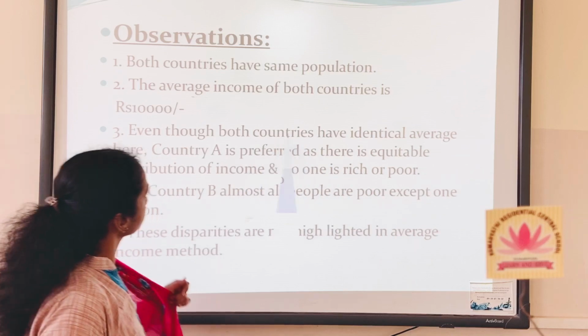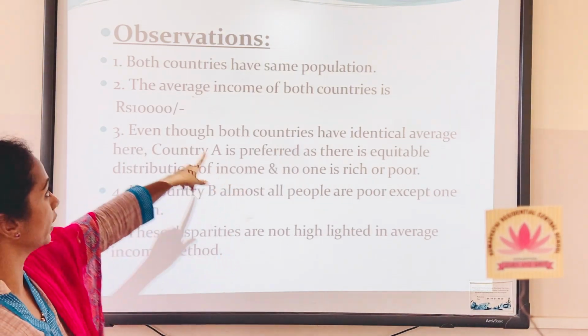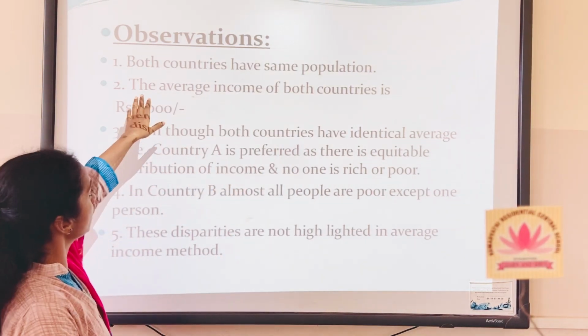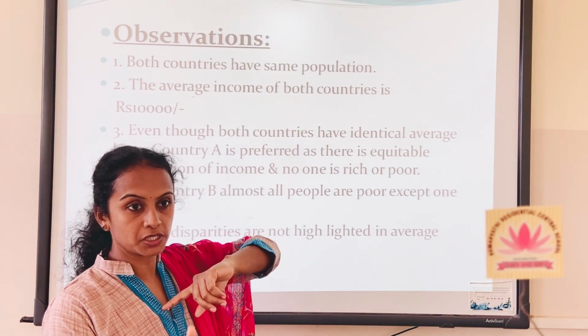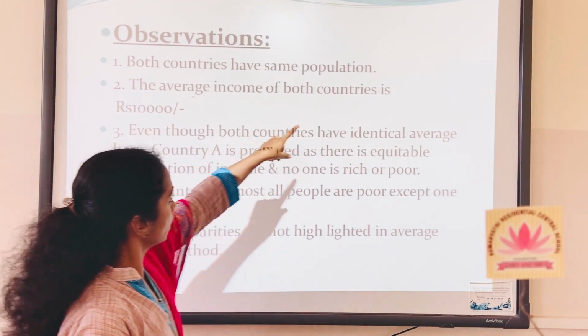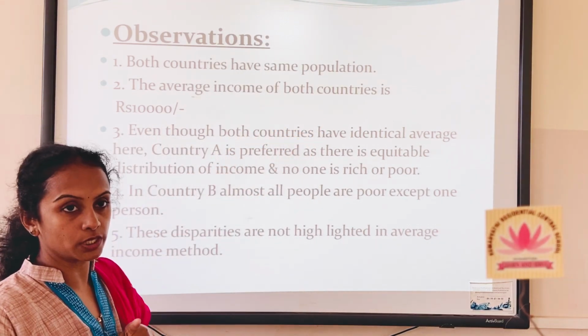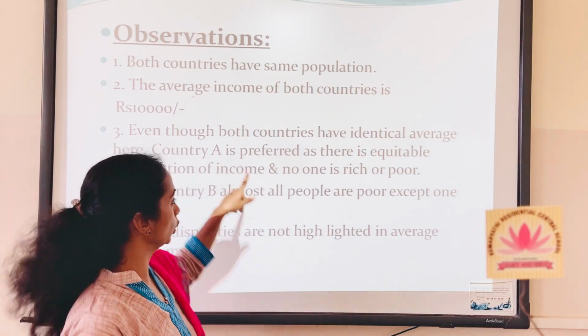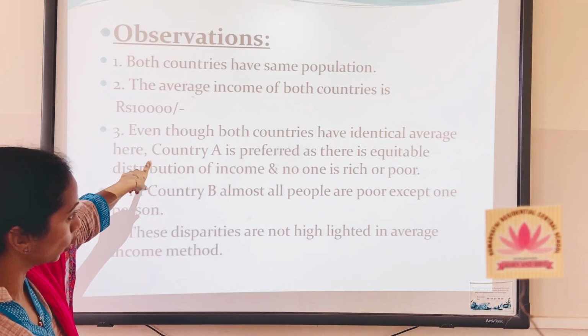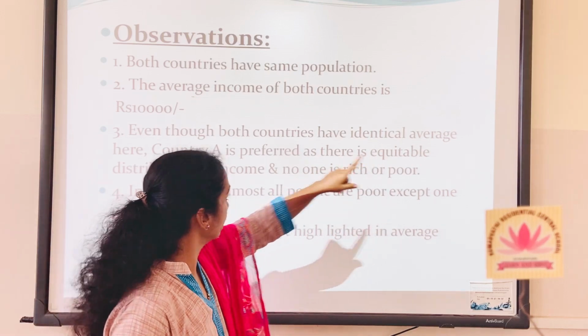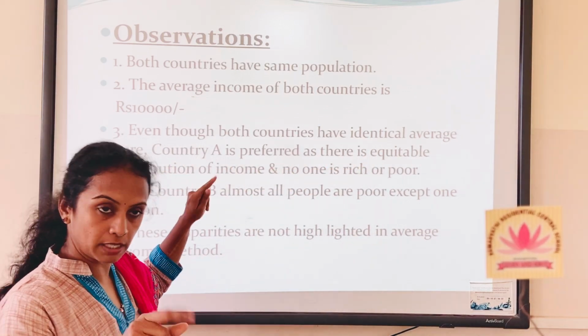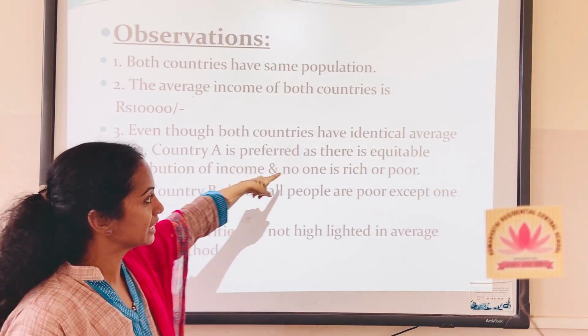Next. The observations are given here. I'll just read them out and we'll go to the next. Both countries have the same population, that is 5 citizens. The average income of both countries is 10,000. Of course, 50,000 divided by 5, you will get 10,000. And even though both countries have identical average income, that is 10,000, country A is preferred.